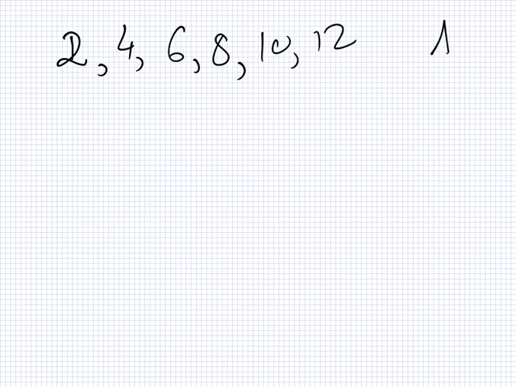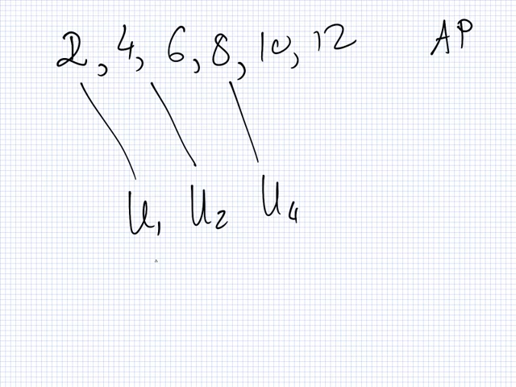Say I have this arithmetic progression: 2, 4, 6, 8, 10, and 12. This is an AP. Now, if I pull out U1, U2, and U4, they are 2, 4, and 8. Is this arithmetic? No, this in fact is geometric. So it's like you pull out 3 terms which will be geometric from the arithmetic.